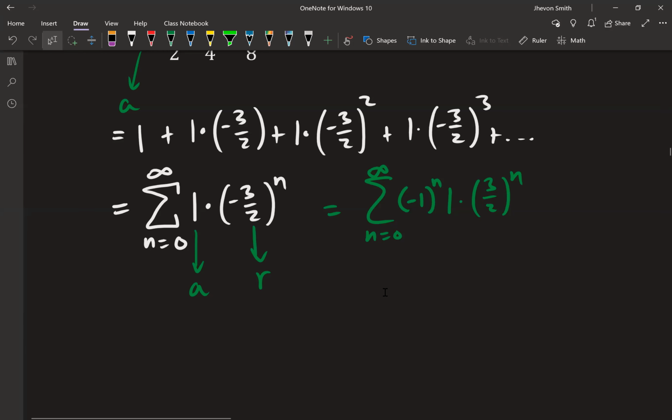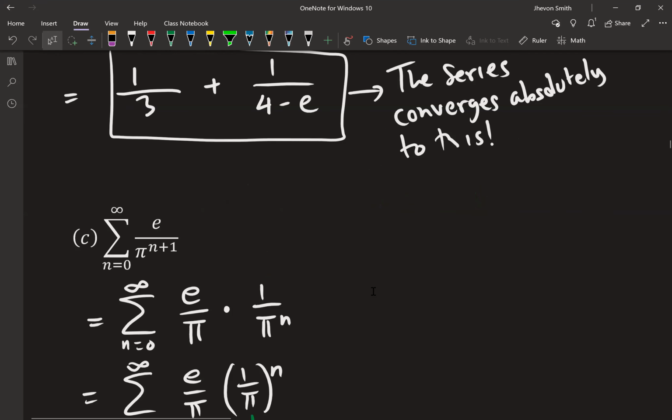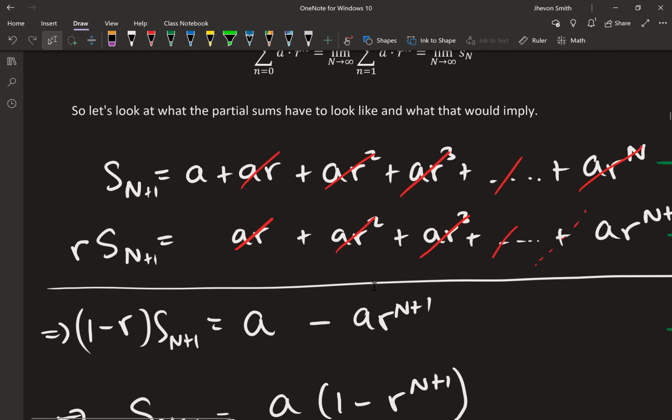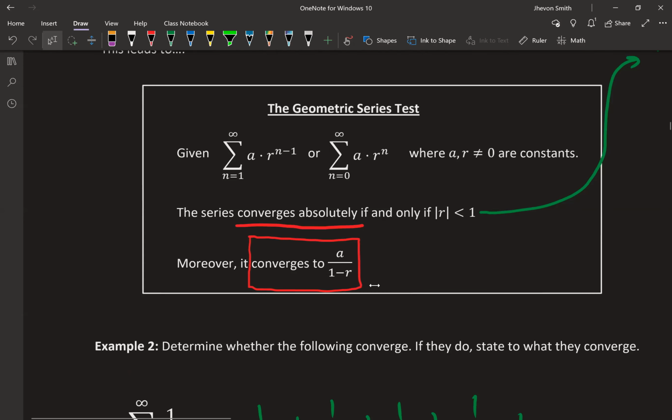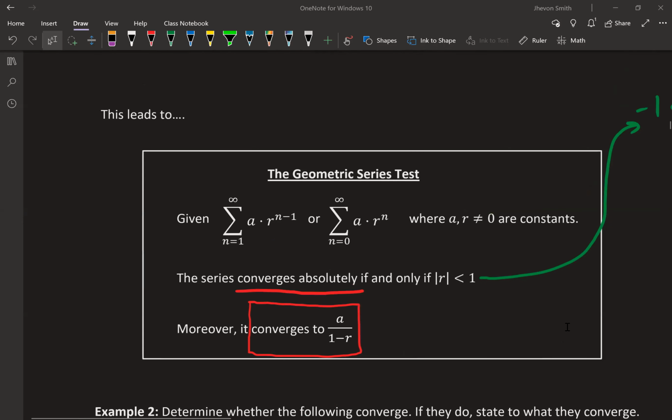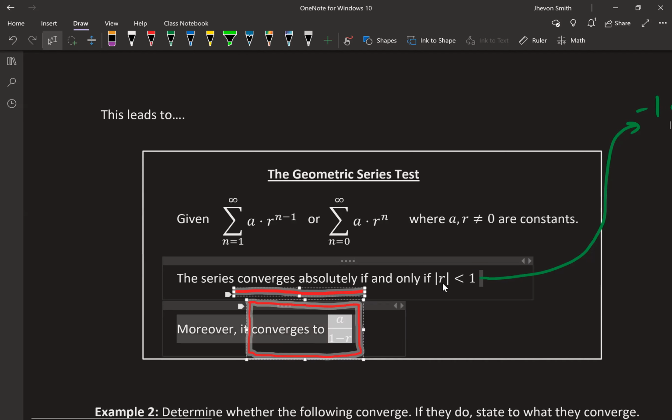That's the issue. Come on, Jason, don't say that, it's not true. Look at the box. Remember this box? The box has everything you need to know. It says the series converges absolutely if the absolute value of R is less than 1.